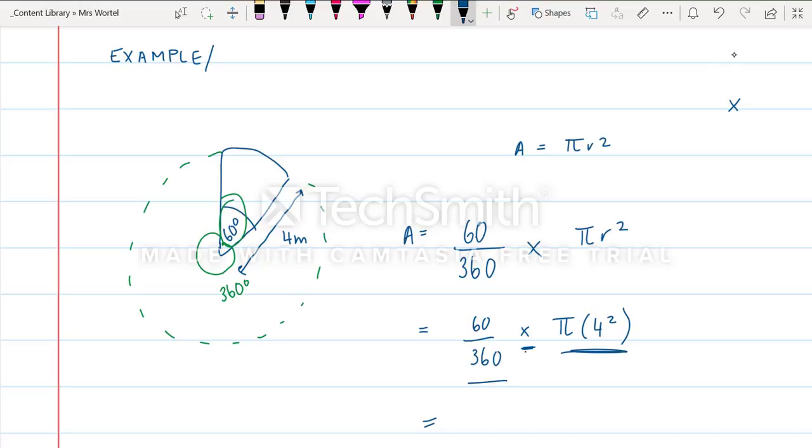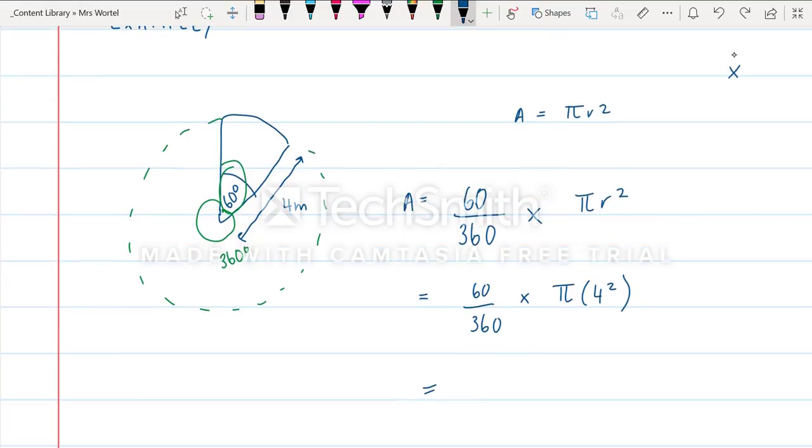So the fraction of the whole area gives us the area of just the sector. And that rule applies every time you do the area of a sector. You just write in whatever angle you're working with. And there's always a total of 360, doesn't matter what circle. So something out of 360 multiplied by your regular area rule.